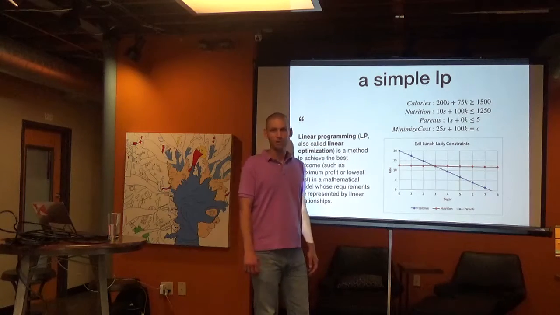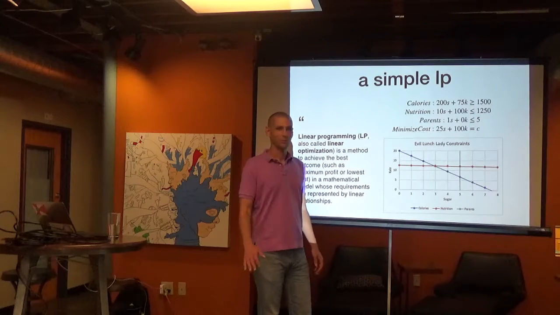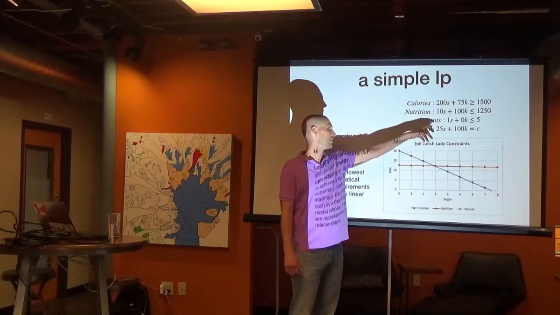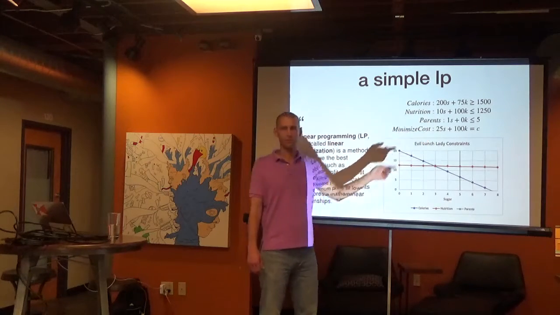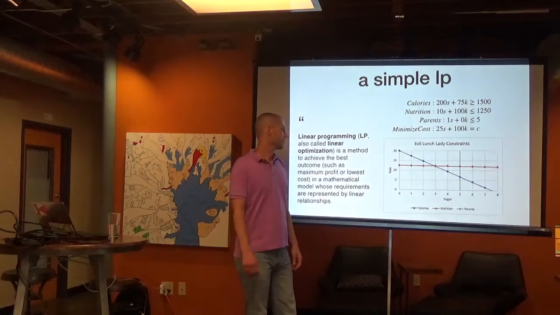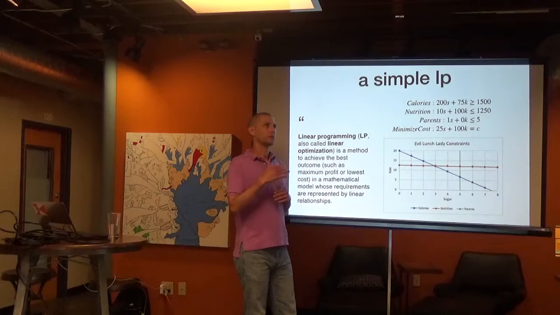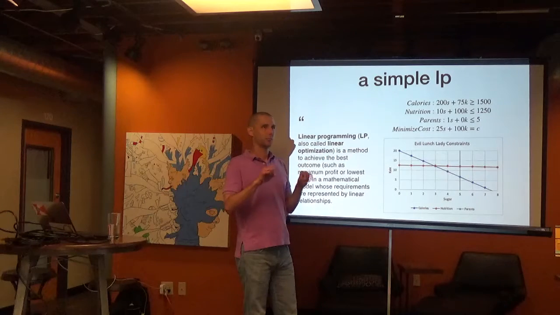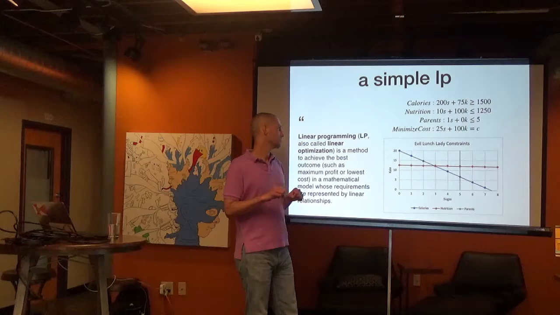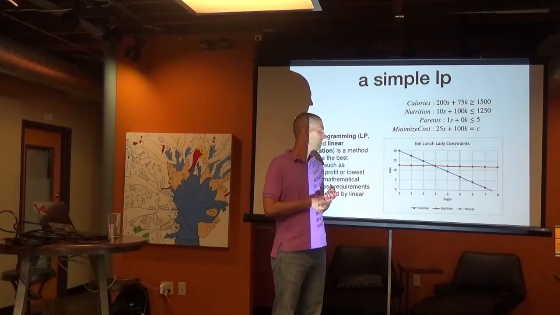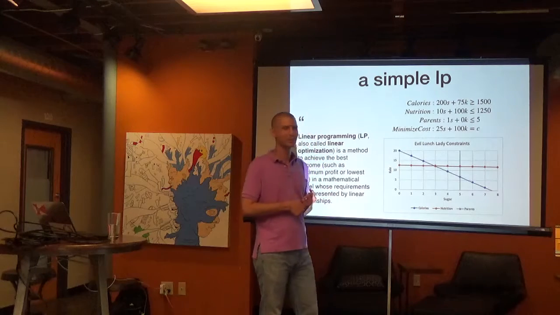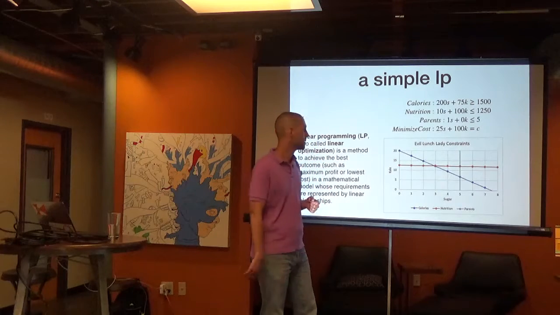We also know that parents will get mad if you feed their kids 100% sugar, so right from the get-go, parents say, you can only give my kid 5 units of sugar per meal, or I'm going to write you an angry letter. And with those constraints, we want to figure out what's the optimal blend of our 2 ingredients to minimize cost. If sugar costs $25 per serving and kale costs $100.